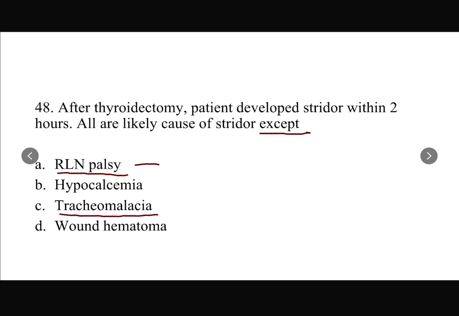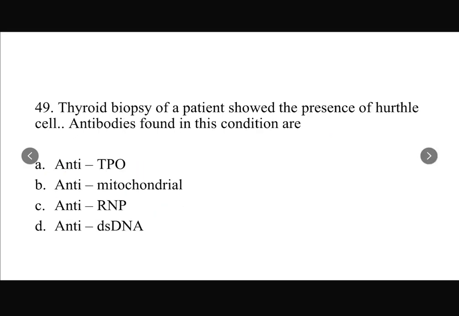Tracheomalacia, yes, when there is a long-standing large goiter compressing the trachea and causing erosion of the cartilage, suddenly when you remove it there can be collapse of the tracheal cartilage, and it can obstruct the airway causing stridor. A wound hematoma compressing the trachea can also cause stridor. Hypocalcemia is usually seen after 48 hours of the surgery, so this is not the cause of immediate stridor within 2 hours.